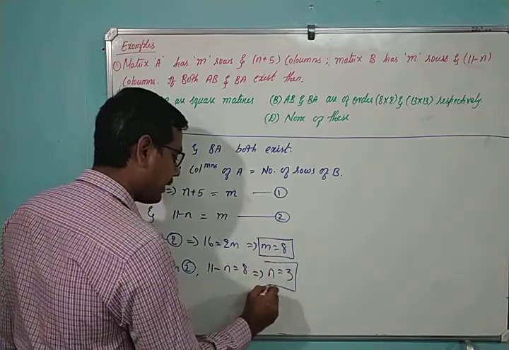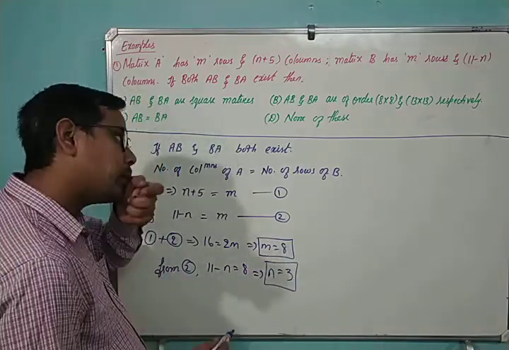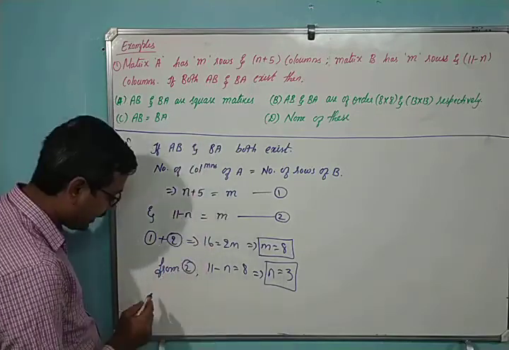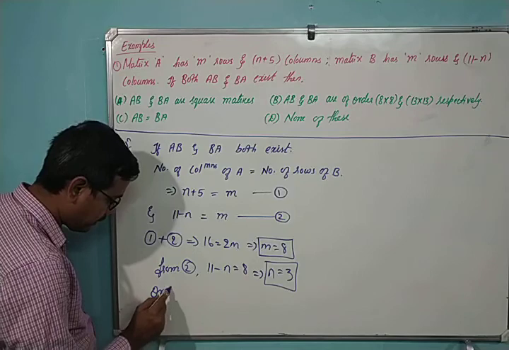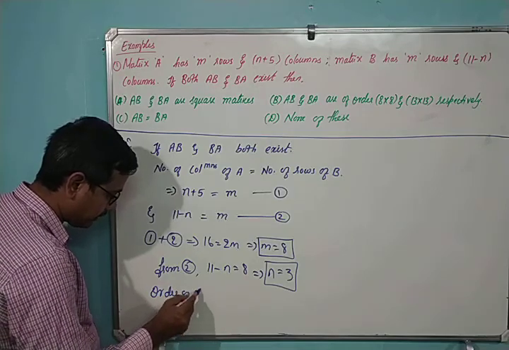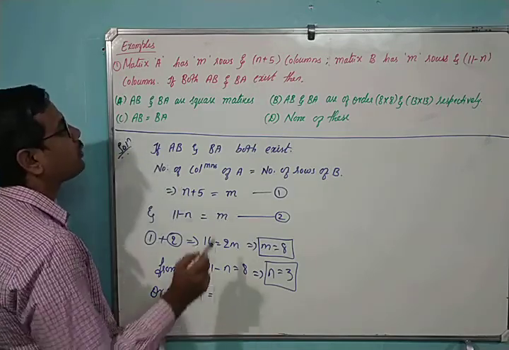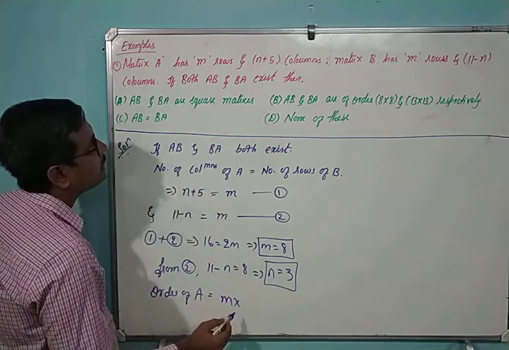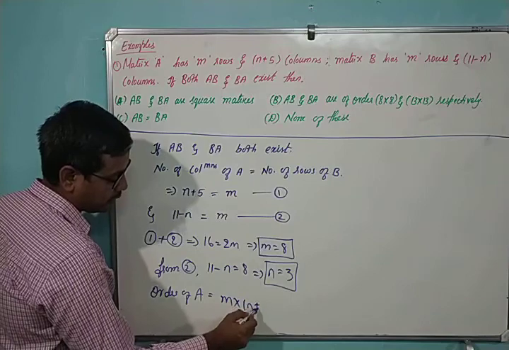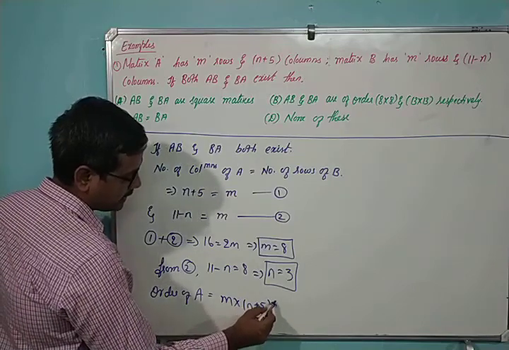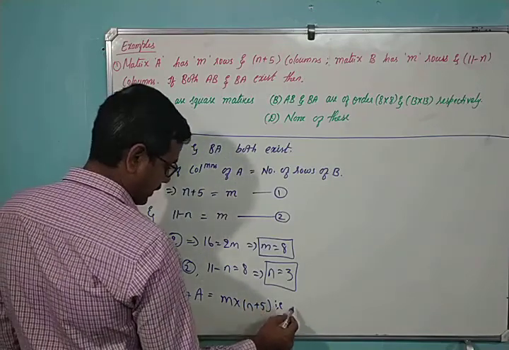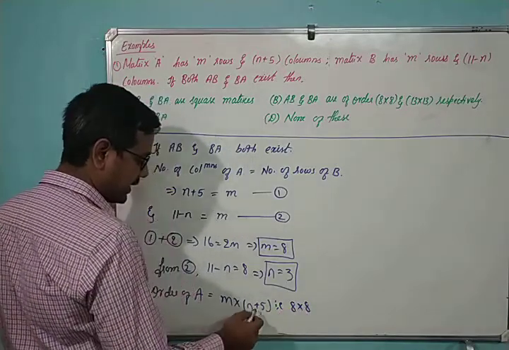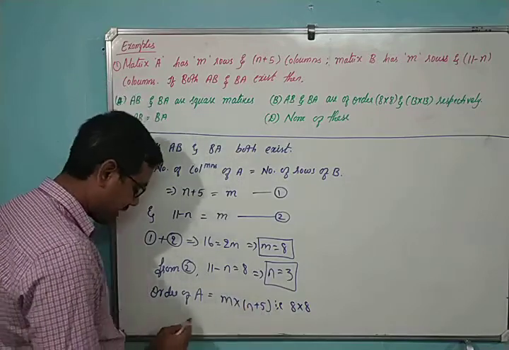and n equals 3. When m is 8 and n equals 3, what is the order of A? Number of rows cross number of columns. Number of rows is m cross number of columns n plus 5, that is 8 cross 8. M is 8, n is 3, 3 plus 5 is 8.